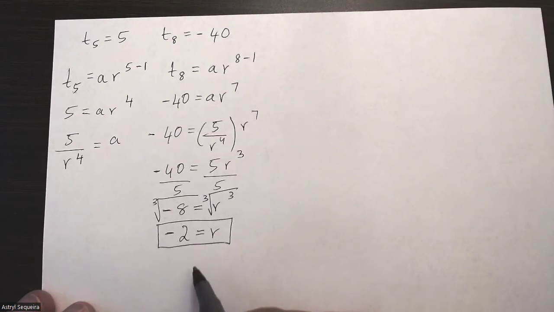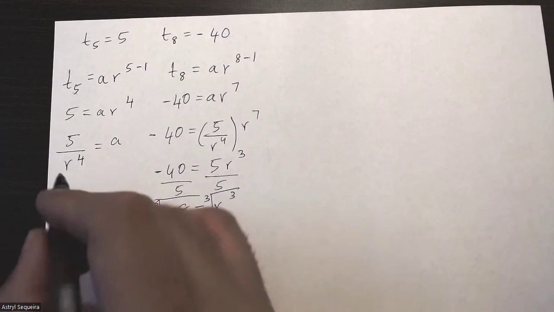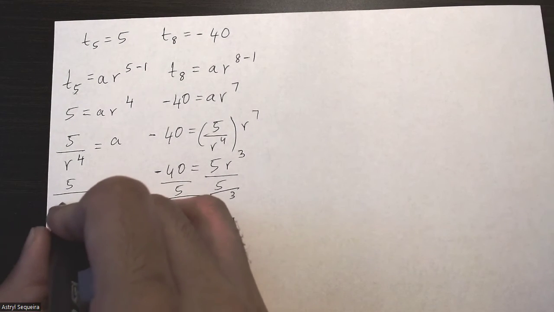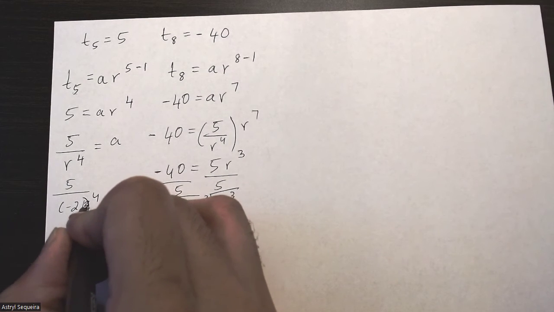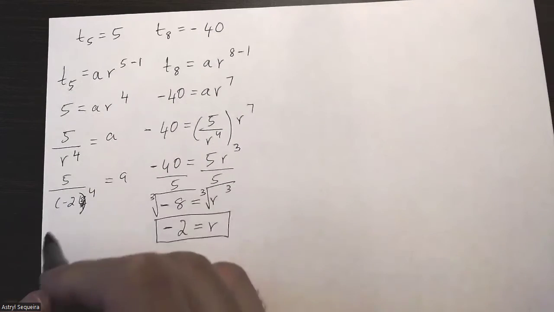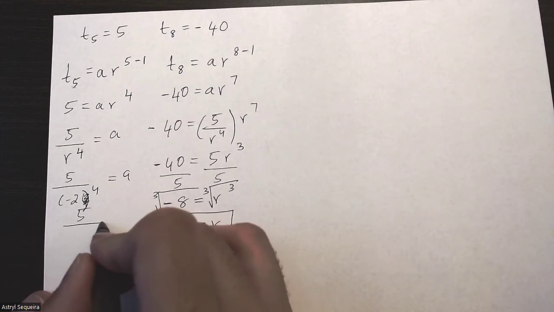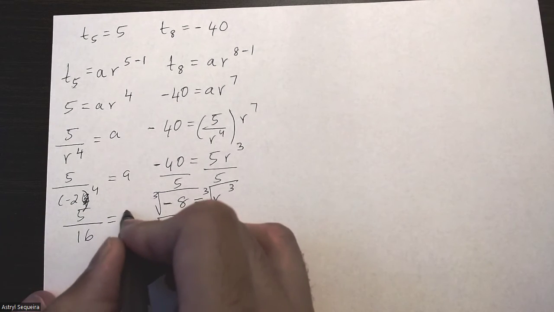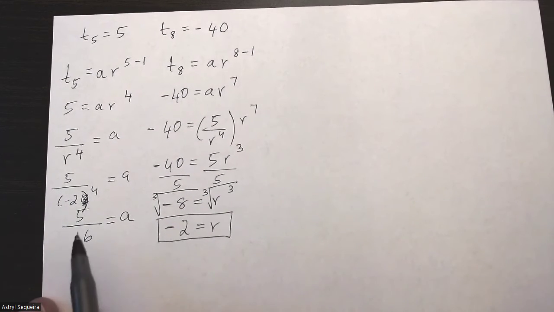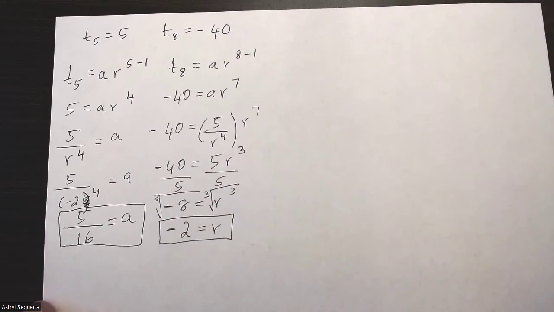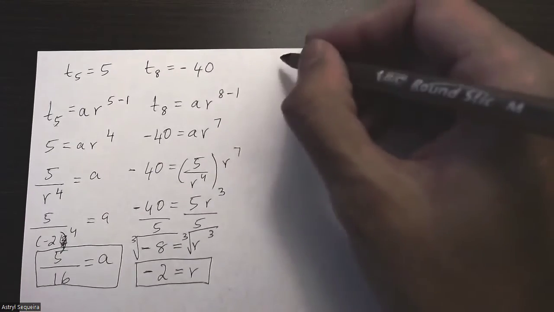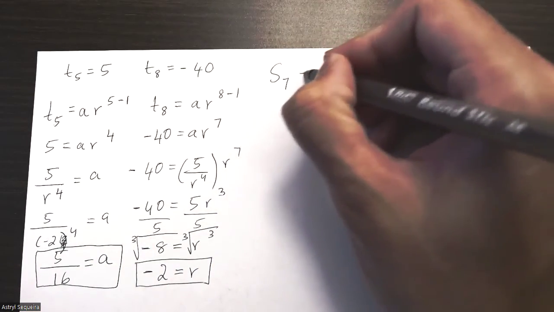In this question, once I get my common ratio, I can sub it back here to find my first term. Negative 2 to the power of 4 is just positive 16. So once I have my A and once I have my R, my first term and my common ratio, I can then sub it into my equation.